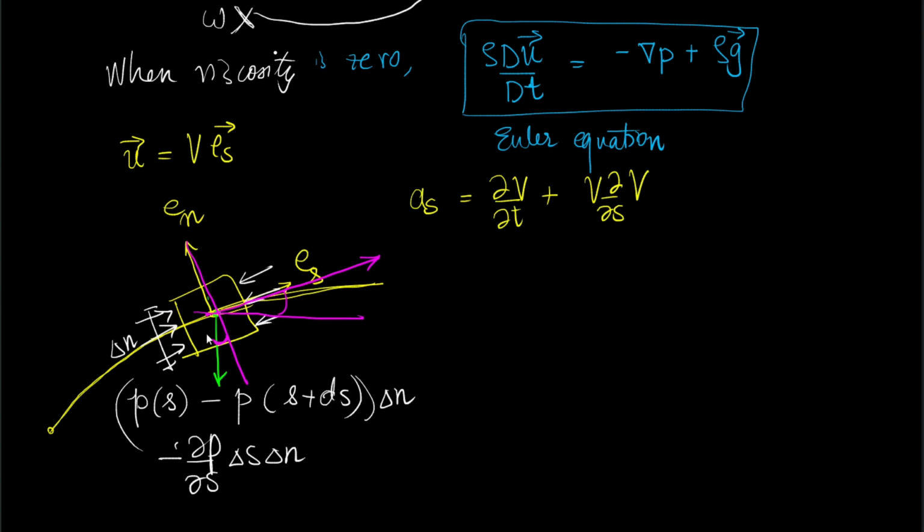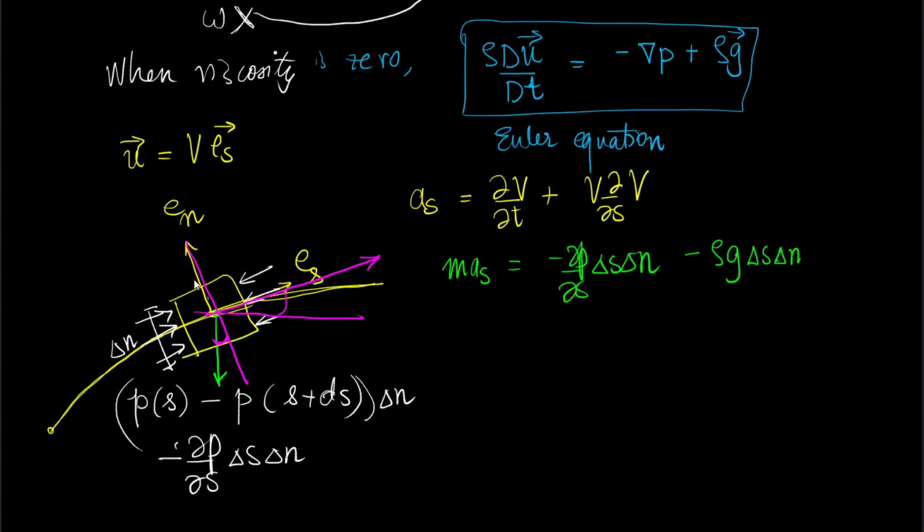Before going into writing down the exact term for gravity, so mass times the acceleration of the object is equal to minus del P del S delta S delta N, and the force because of gravity is minus rho g, but it is acting in the Z direction, right? But the volume of the object is delta S delta N, and there will be another cosine of theta, right?